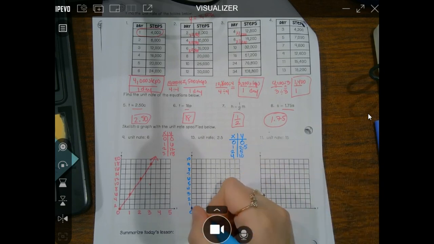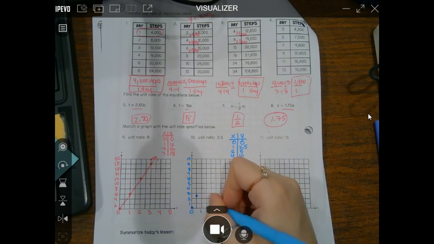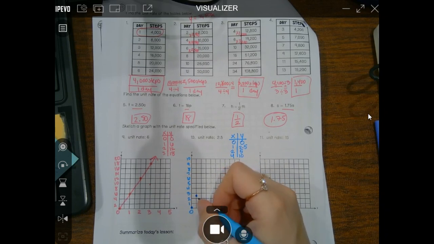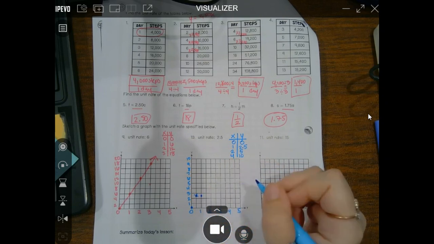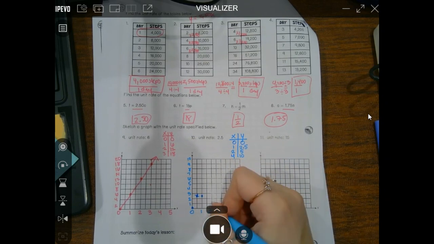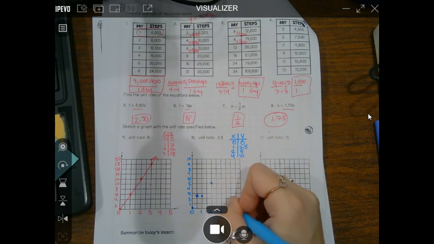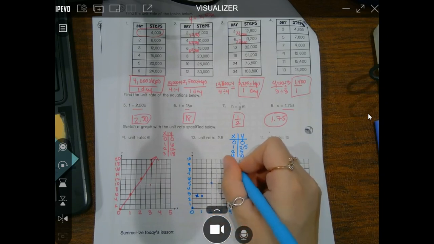Over nothing, up nothing. Over 1, up 2.5. Over 2, oops, and I just messed up, didn't I? I was supposed to go here. This is where I labeled it. So that is not actually one of the points. Over 2, up 5. And over 4, up 10.